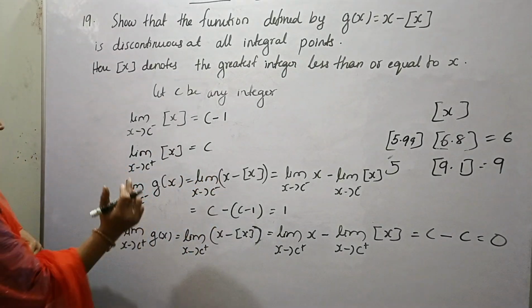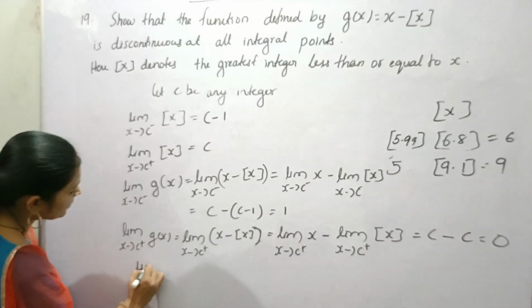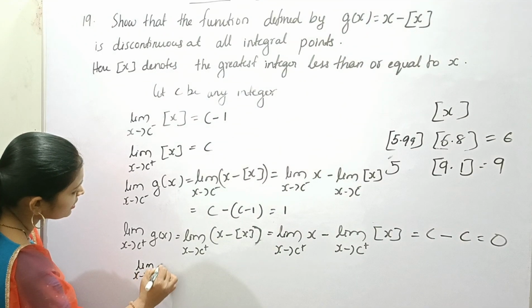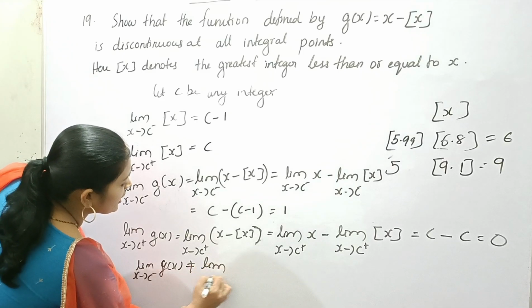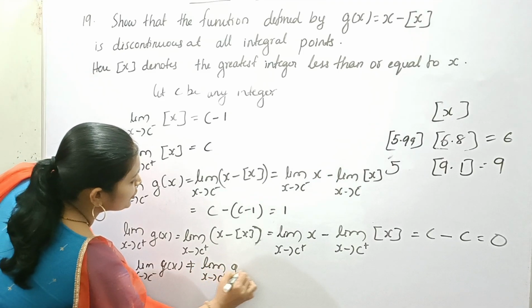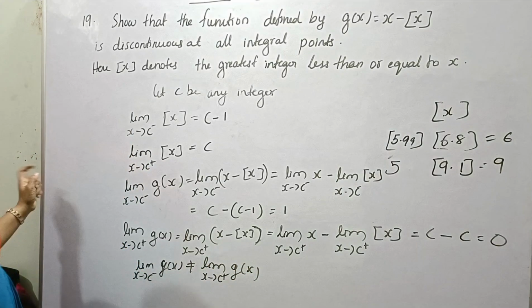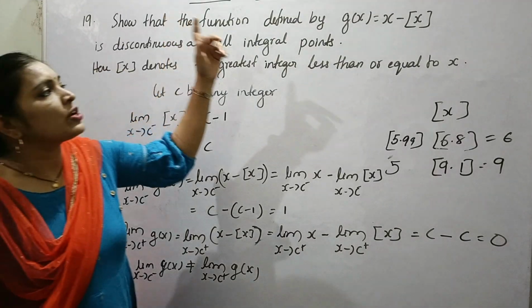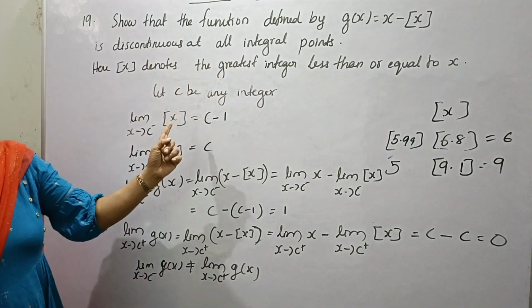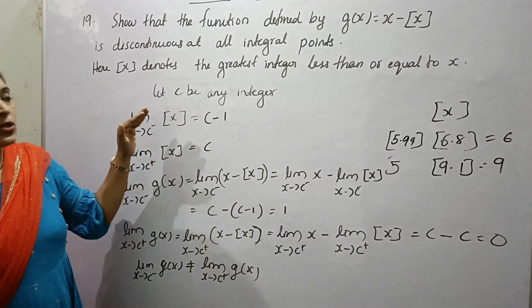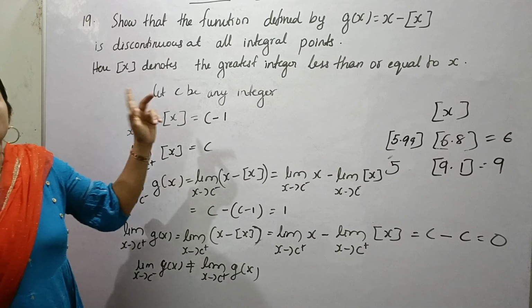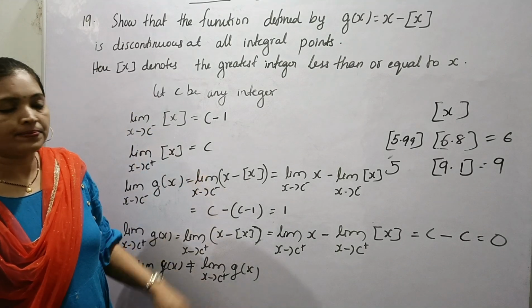So limit x tends to c minus g of x is not equal to limit x tends to c plus g of x. Therefore, the given function g of x equal to x minus greatest integer of x is discontinuous at all integral points.